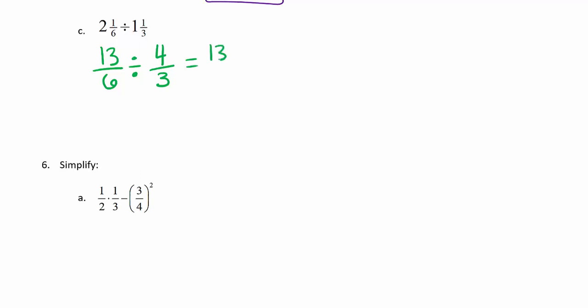We copy down the first, change to multiplication, flip the second. And then we can multiply straight across. Although I see a common factor, 3 and 6 are both divisible by 3. And so then if I go straight across, 13 times 1 is 13, 2 times 4 is 8.